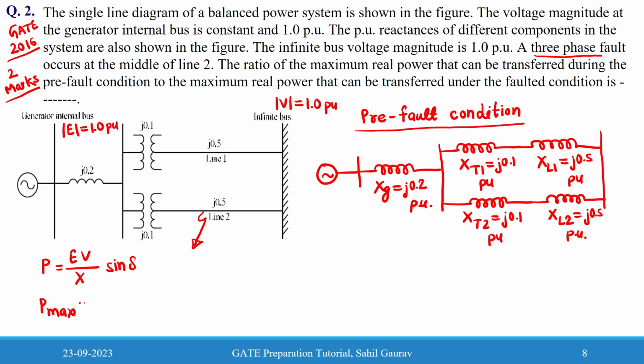P maximum will be, with delta at 90 degrees, EV divided by X. In this problem, you have to find only the reactance, because the magnitudes of E and V are both 1. So just find the reactance between E and V.